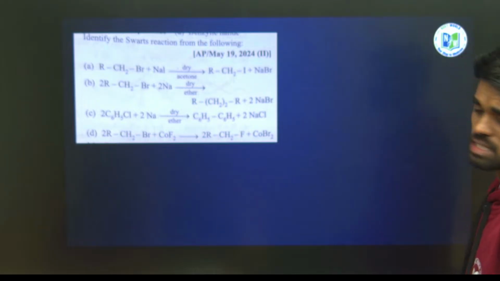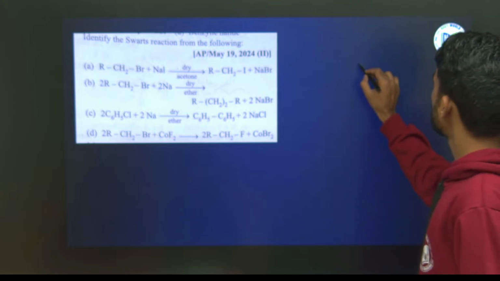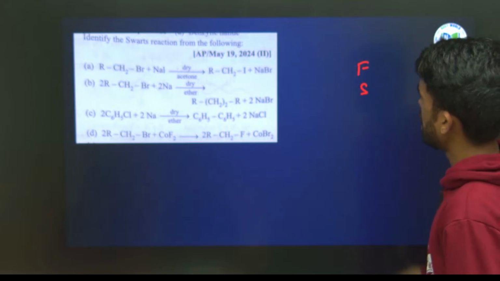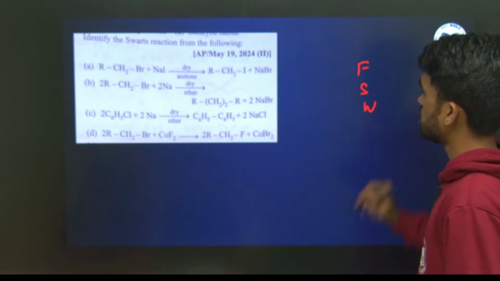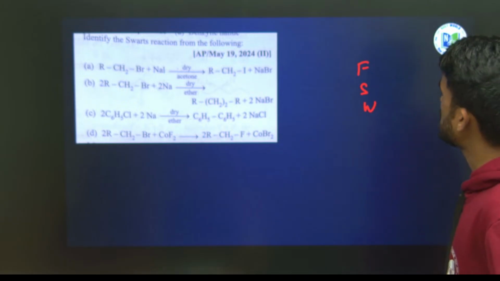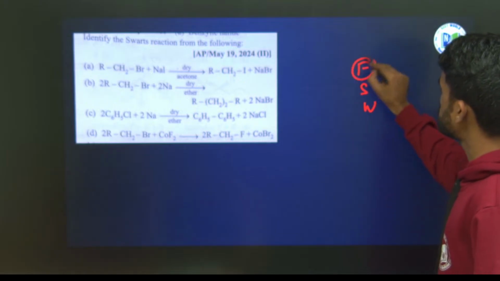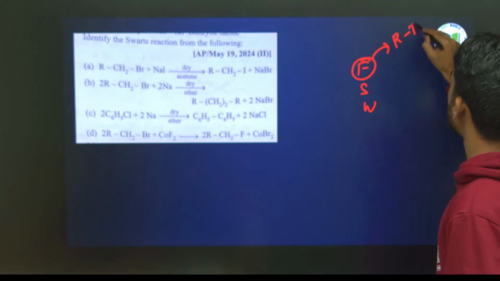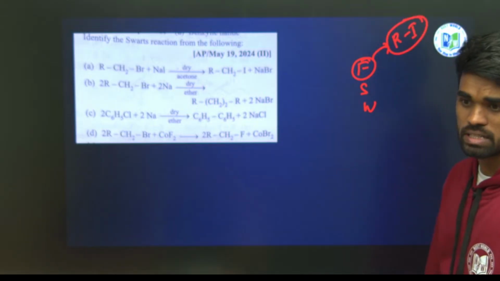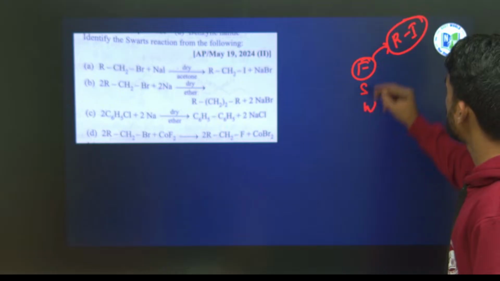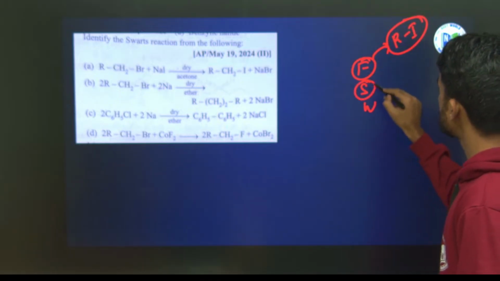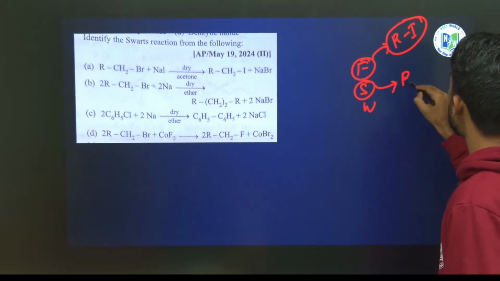Schwarz reaction means there are some basic named reactions. We have Finkelstein reaction, Schwarz reaction, and Wurtz reaction. Whenever you hear Finkelstein reaction, this is for preparation of alkyl iodides. Remember this. Alkyl iodides are prepared by Finkelstein reaction, and Schwarz reaction is for preparation of alkyl fluorides.